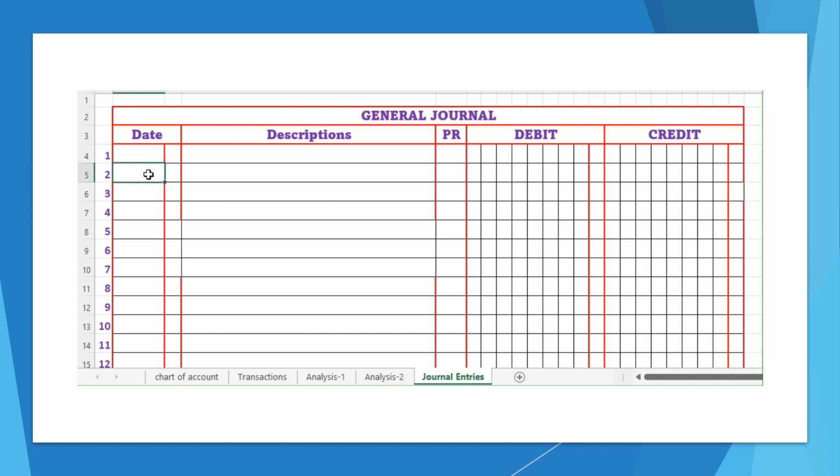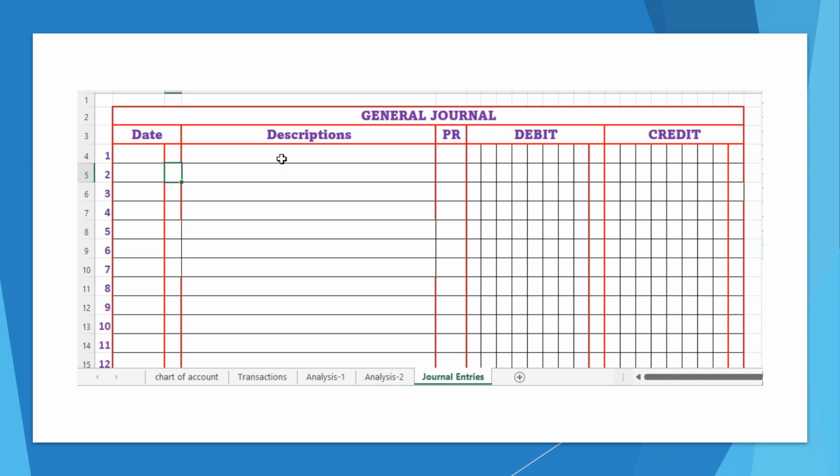And then write the month and then the date. Remember that in recording the business transactions, you must write it chronologically. When we say chronologically, it is by date. You have to observe the occurrence of the transactions.